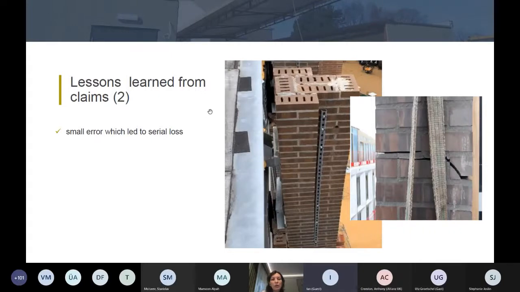But in the end, it was decided to change this lining to traditional bricks. It took some time to dismantle the lining and put in the bricks, and the insulation was also damaged because of the weather conditions. So again, we can see here that a small error led to a severe loss.